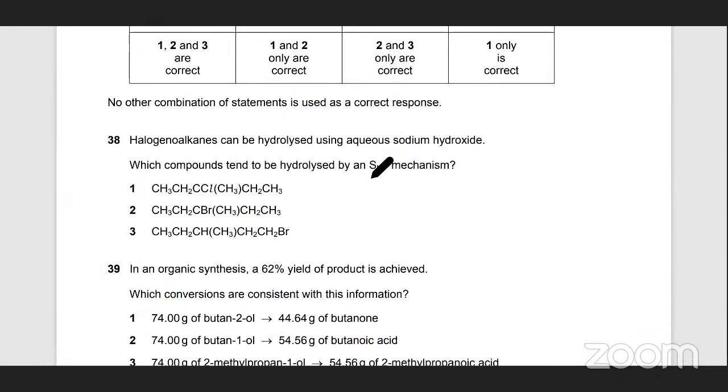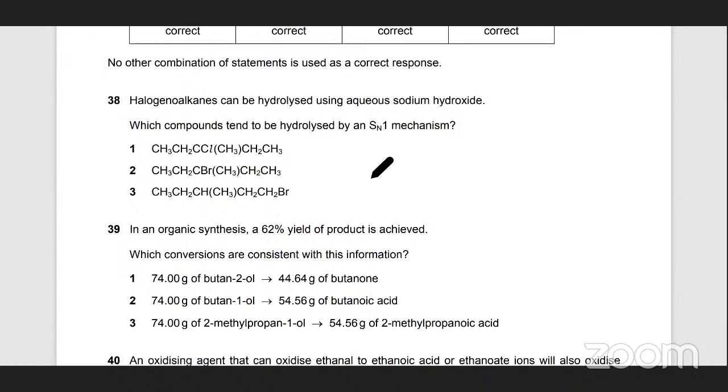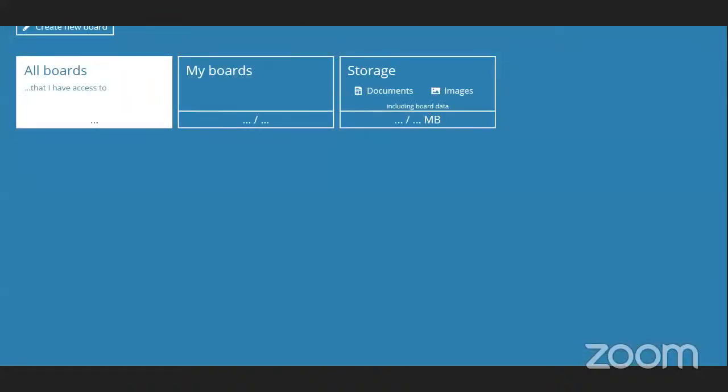So let's move to question 38, which is halogenoalkanes can be hydrolyzed using aqueous sodium hydroxide. Which compounds tend to be hydrolyzed by an Sn1 mechanism? So पहले तो जल्दी से let's I think I have halogenoalkane somewhere. वैसे बता दो which one is Sn1 mechanism for a halogenoalkane?